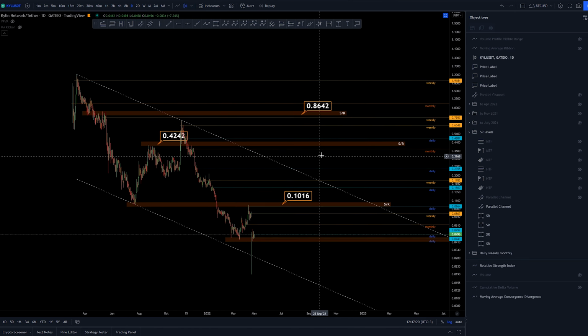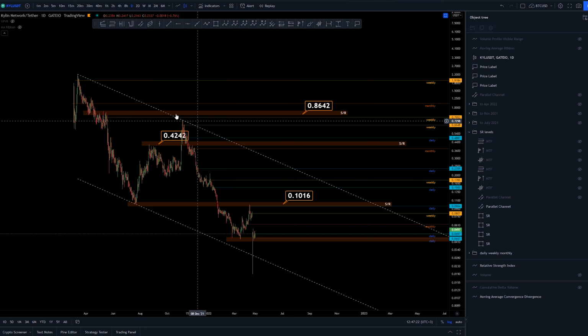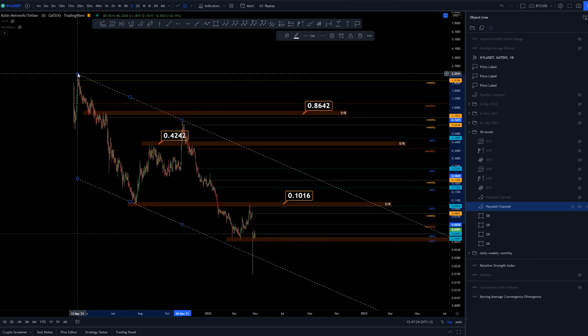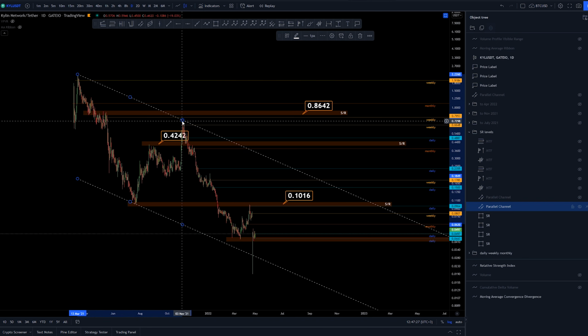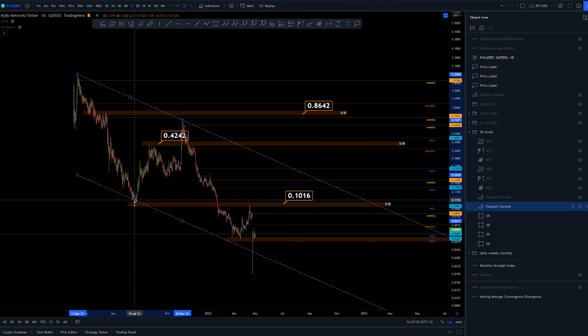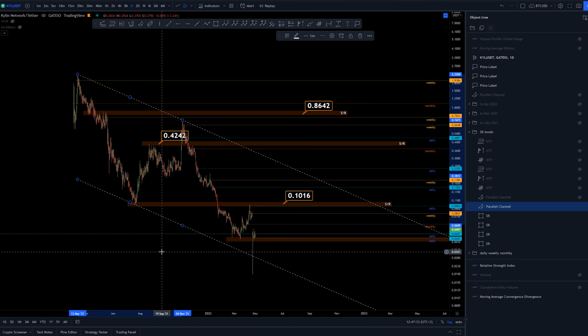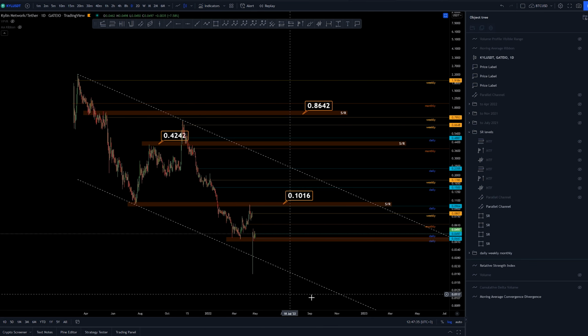Yeah, I'll show you a couple of these channels that I drew in. Again, these are from the all-time highs at November 2021 to the lows here at July 2021. This gives us some kind of downward channel that we are at least tracking, if nothing else.